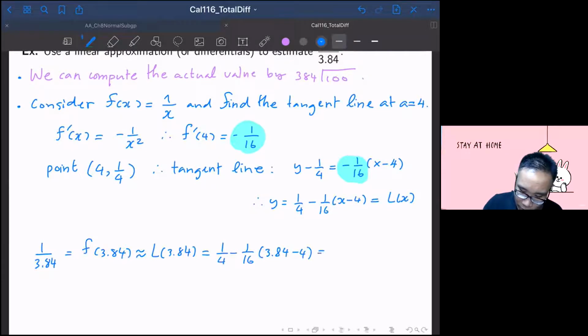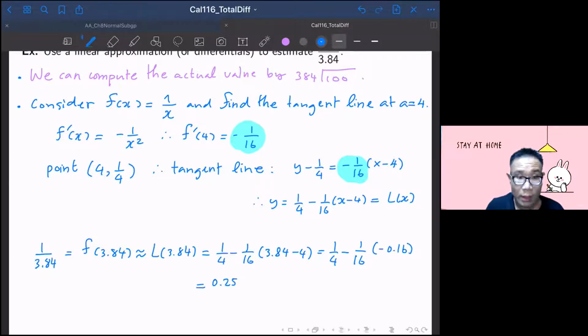So this guy is going to be 1/4 minus 1/16 times negative 0.16. So in this case, you would get 1/4, okay, and 1/4 is 0.25.